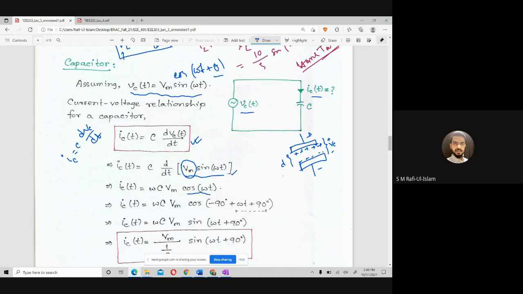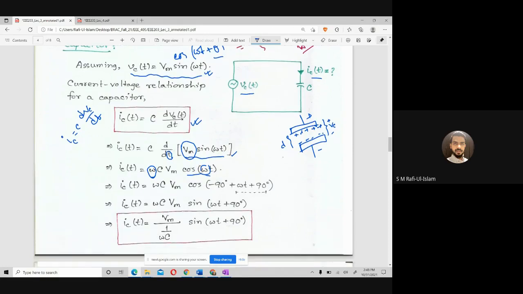But since it's a differentiation with respect to time only, the constant term omega will come out, and it would be a multiplicative factor here. But the main expression for the voltage source was sine omega t. Since the main source is sine, I need to convert that cosine, and we all know the formula for changing, right? So I'm not writing it again. So finally we'll get the sine expression and everything.